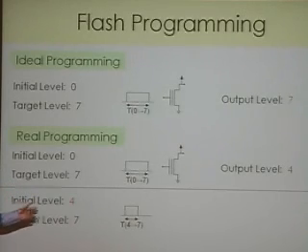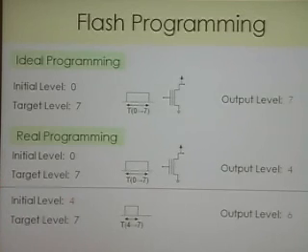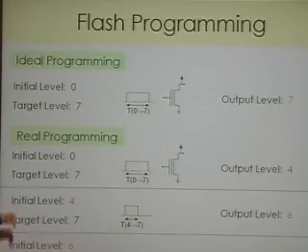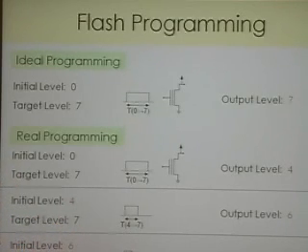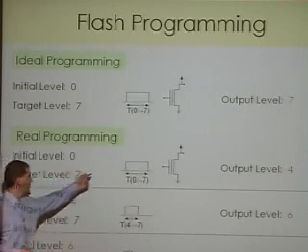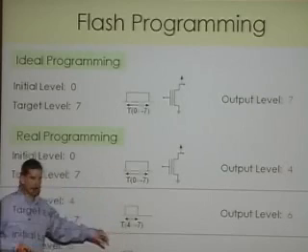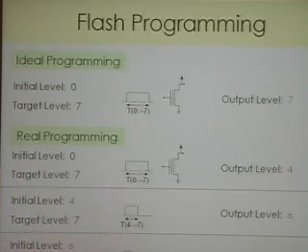We apply a different pulse from 4 to 7, but we only get to 6. So we repeat this process. We read, we apply a pulse from 6 to 7, and this time we are lucky. It's not luck. As you see, the pulses become more conservative, so we get to the right point.